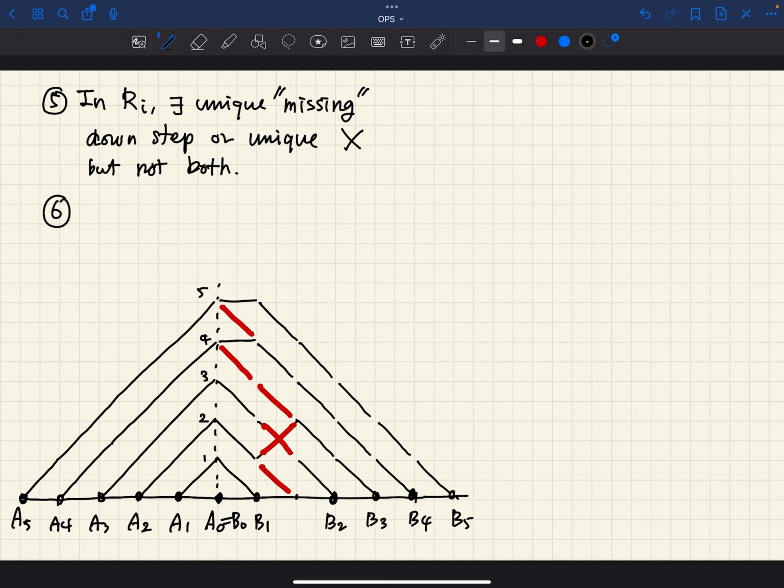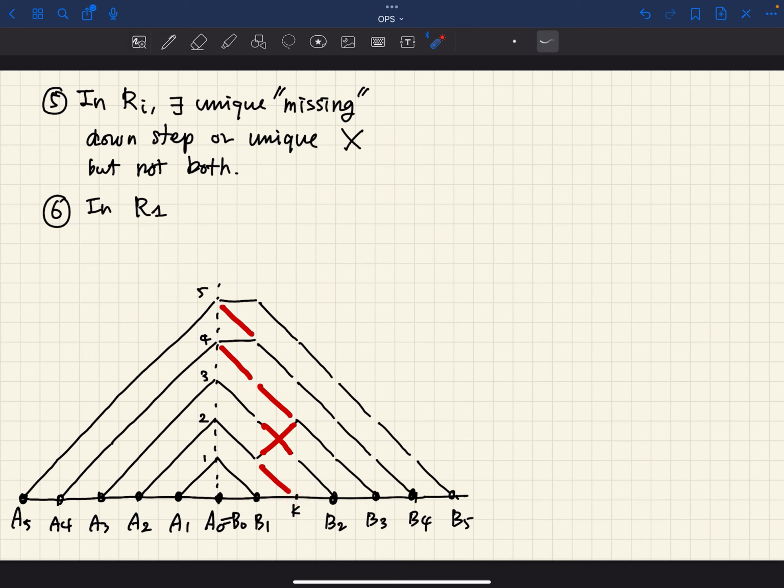Okay, now we will look at what happens if we have a missing down step. So, oh, by the way, this is K. This is K over here. In R1, we look at the first row here. This is not the ending point. This must be something.